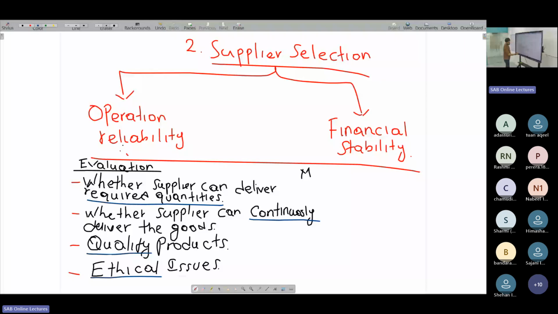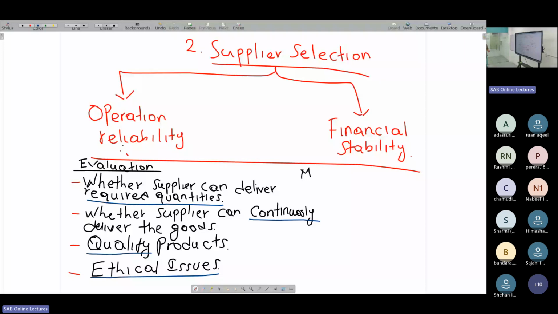What is meant by ethical issues? Can anyone understand? It is whether the supplier is involved in child labor activities or illegal activities. So that also should be considered.